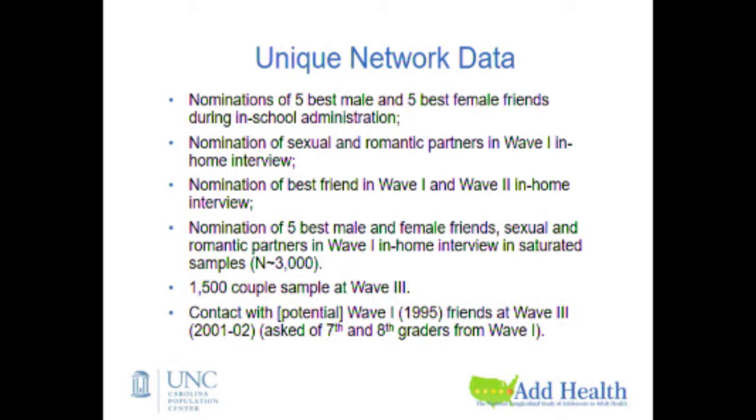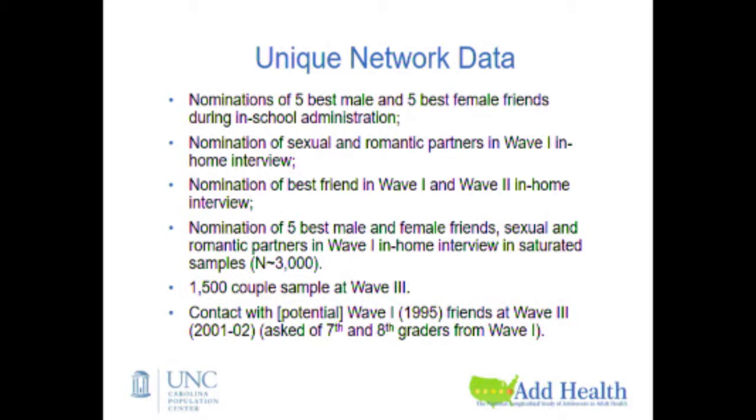We also have the nomination of a best friend in wave 1 and wave 2 of the in-home sample. And then in the saturated samples, we have the nominations of the 5 best male and female friends and their sexual and romantic partners in the in-home interview. The saturated samples come to about 3,000.